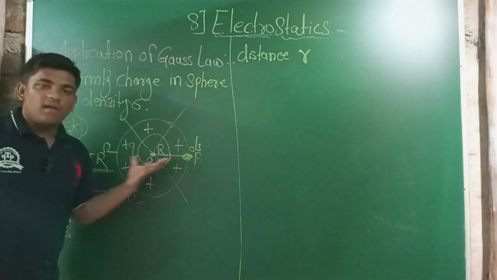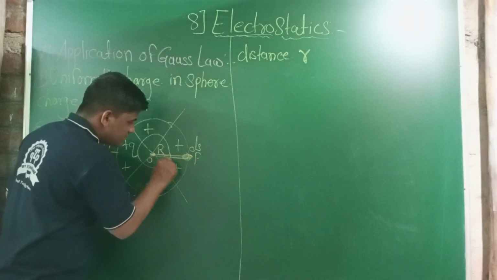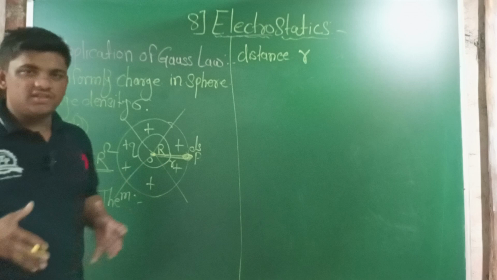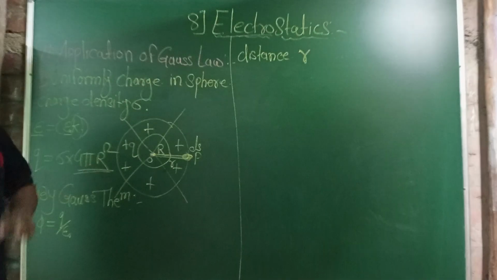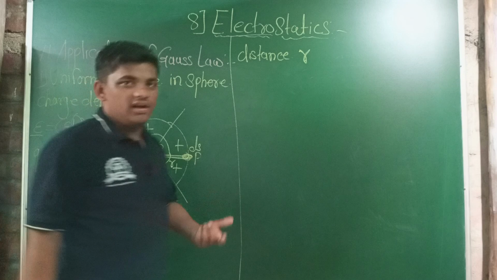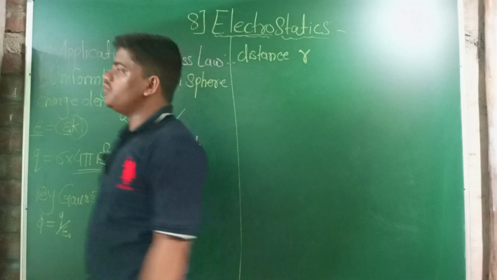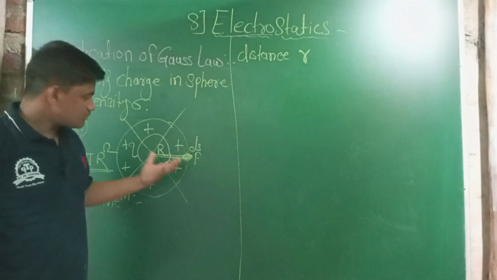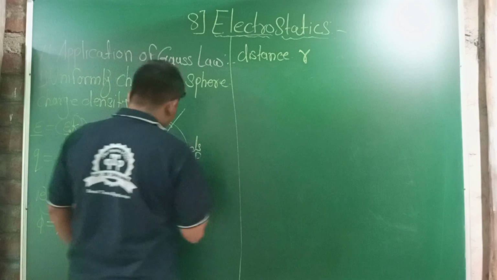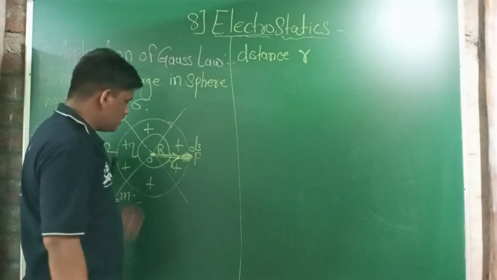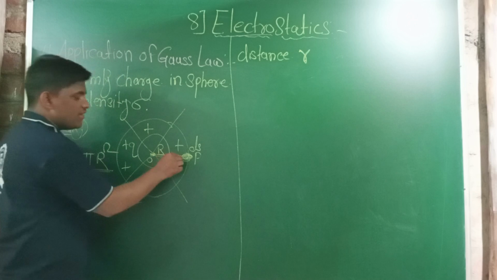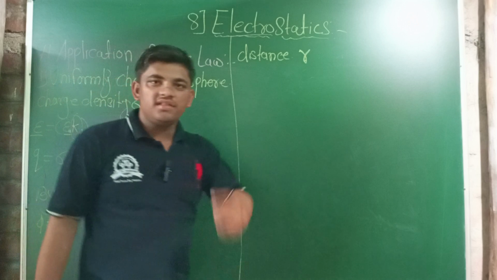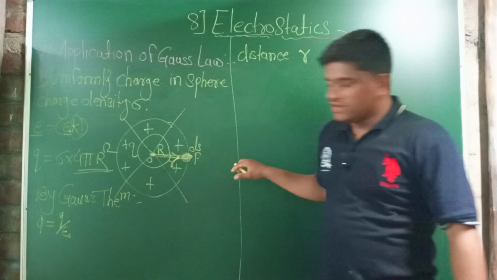The capital R and small r are different. Capital R is the whole radius, small r is the distance to P. The Gaussian surface is symmetrically distributed, and the electric field intensity E has the same magnitude everywhere on it, directed outwards along the radius. This electric field intensity E has the same magnitude and is directed outwards.